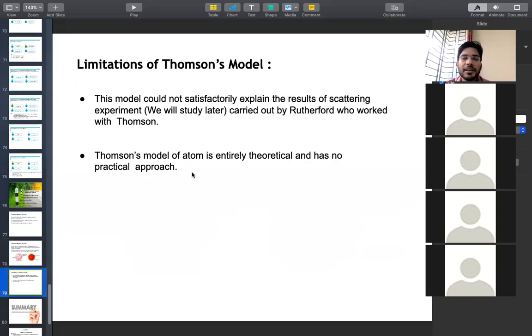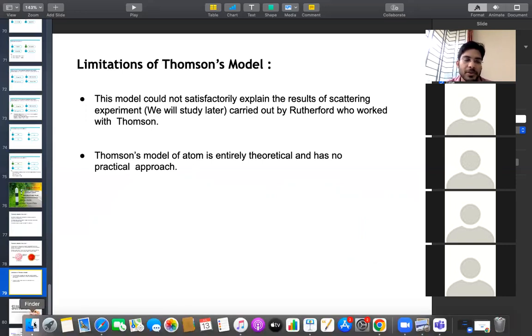Second, it does not tell about the stability of an atom. If positive and negative charges are uniformly distributed, it does not tell much about the stability of the atom. According to this model, the atom should not be stable. So the Thomson model of atom is entirely theoretical and has no practical approach.